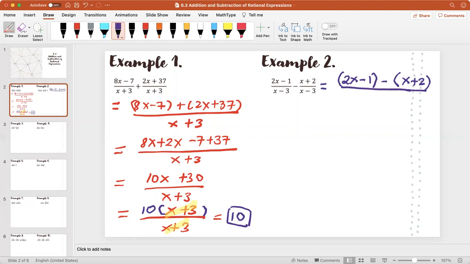So numerators are combined. We can just write x minus 3 once, under this fraction bar. And then we follow our rule. What's our rule here? That's minus, so we do copy, change. So we copy 2x minus 1. Let's copy, change that using the subtraction rule.